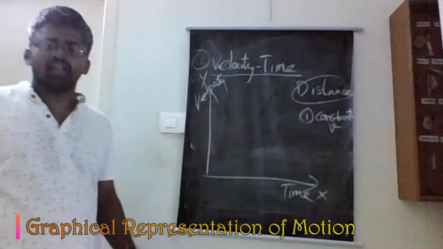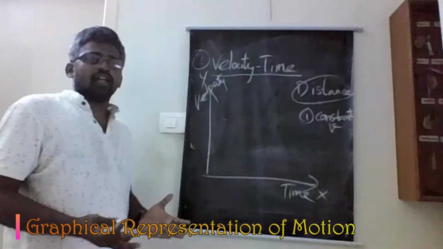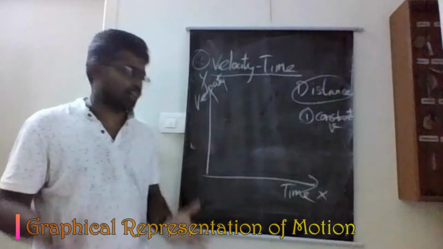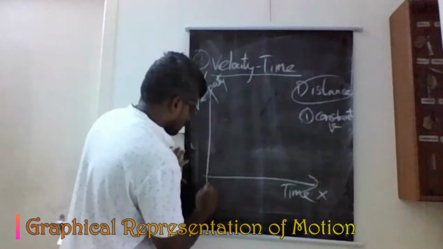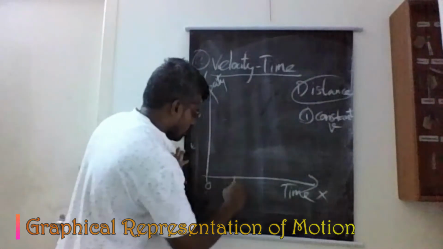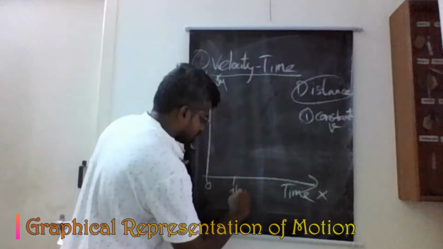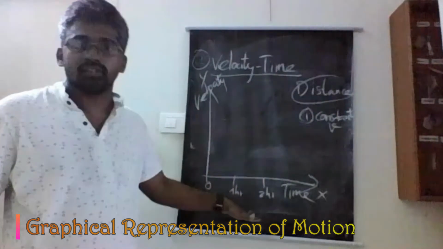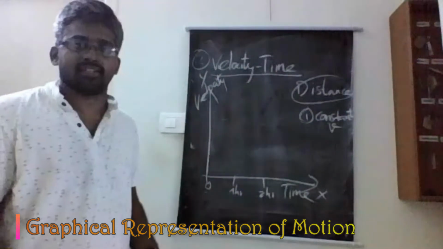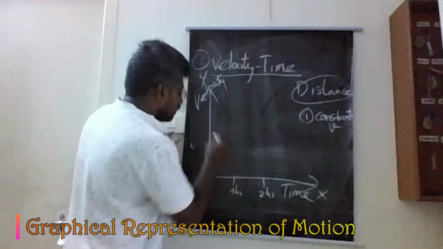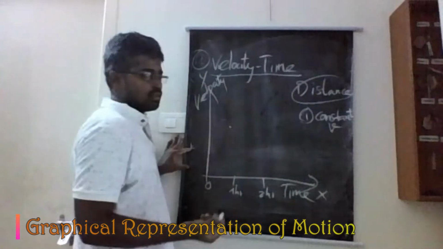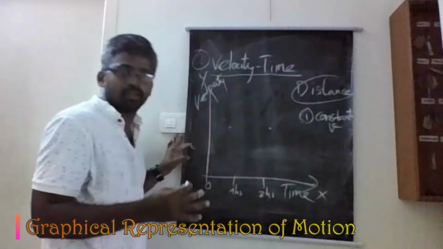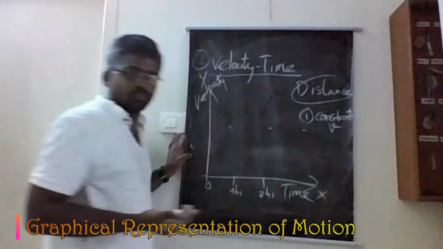So the velocity is not dependent on time. For example, for 1 hour, 2 hours. This time can be in hours, in minutes, or in seconds. For 1 hour, it is going at one speed. For the second hour, it is going at the same speed. For the third hour, it is going at the same speed.